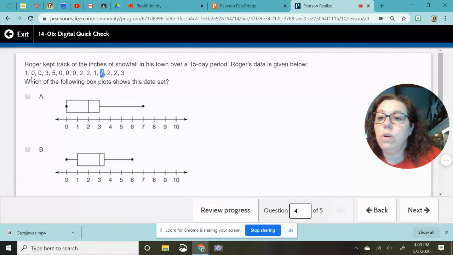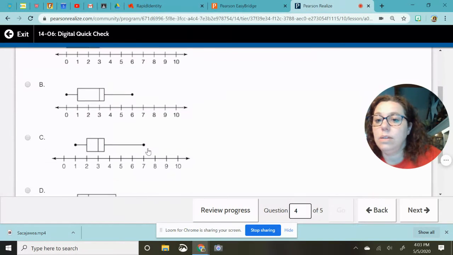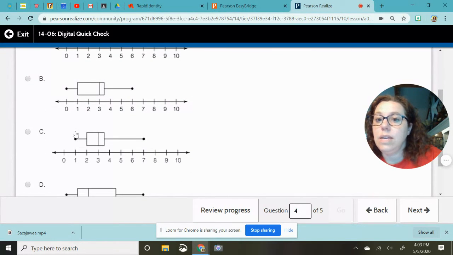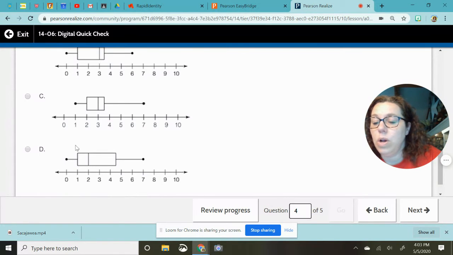So I want to look for a box plot that starts with 0 and ends with 7. So A is a choice. There's a dot there and there. B is not a choice. C is not a choice because it starts at 1. And then there's D. It starts at 0 and ends at 7.